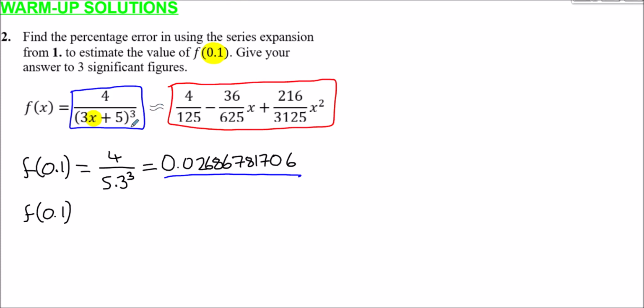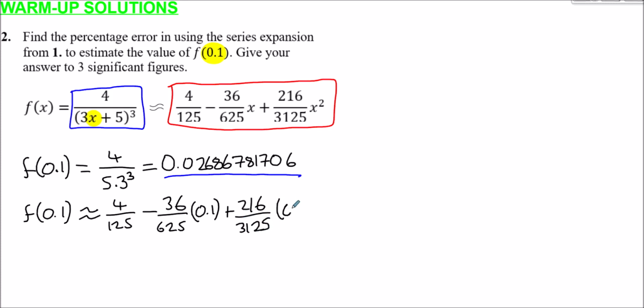So f of 0.1 is about 4 over 125 minus 36 over 625 lots of x, where we're told that x is 0.1, plus 216 over 3125 lots of 0.1 squared.